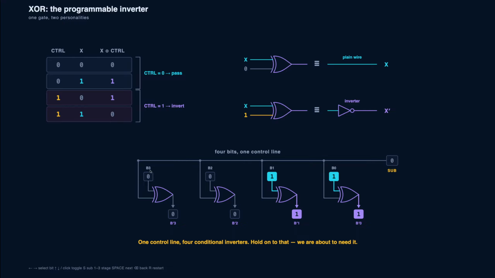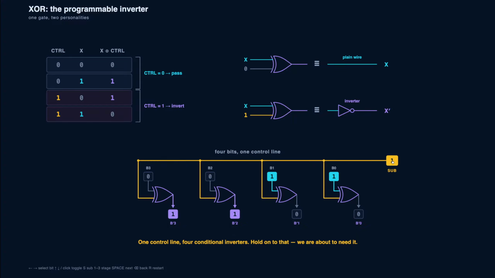Notice if I had 0, 0, 1, 1, when sub is a 0, I'm exclusive ORing that control line with b, so I'd get b right back. I don't get the inversion in this case. It's labeled b prime, but that's only when you get the inversion.